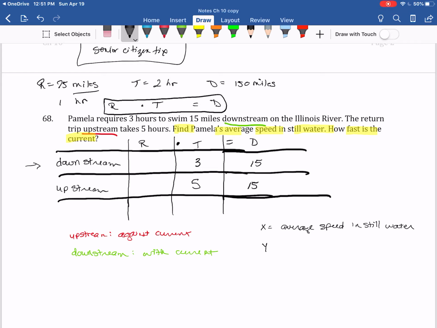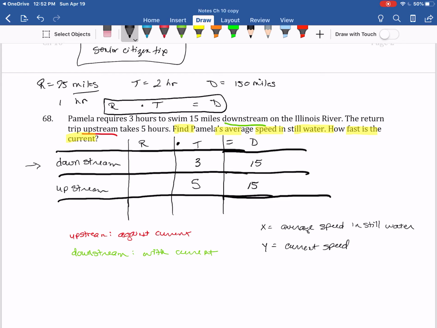And then I need the current speed. How fast is the current? So we'll say that's current speed. How fast is that river flowing? Okay. So her speed in still water I've represented by X, and the current I've represented by Y.